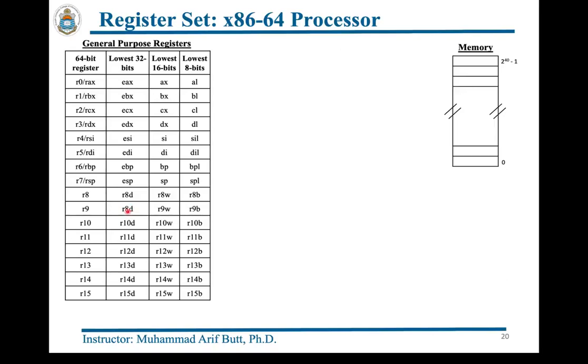You can use the same naming convention for these first 8 registers as well, or you can use the 8386 naming convention, that is RAX, EAX, AX and AL and AH as well.